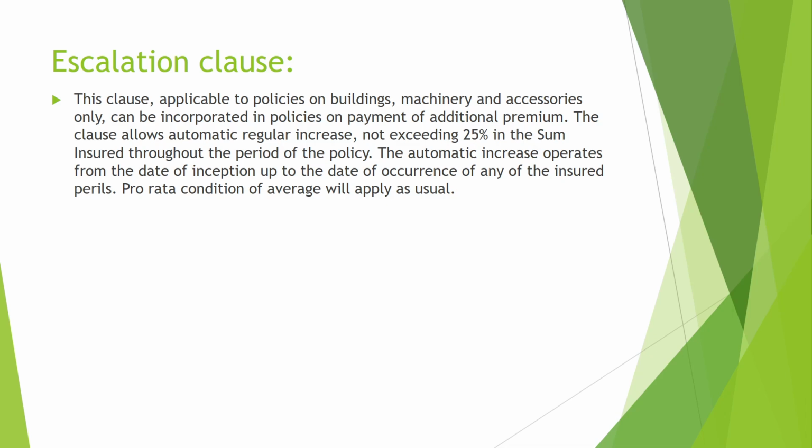The automatic increase operates from the date of inspection up to the date of occurrence of any insured peril. Pro rata condition of average will apply as usual. So you can opt for the escalation clause, and this increase will happen automatically, not exceeding 25%. You have to remember you cannot exceed 25% while taking the escalation clause.